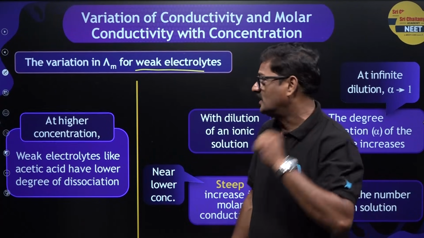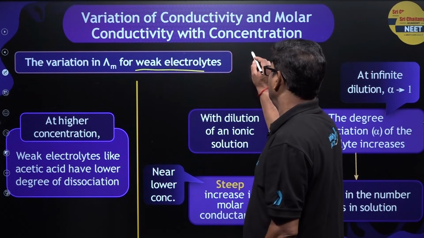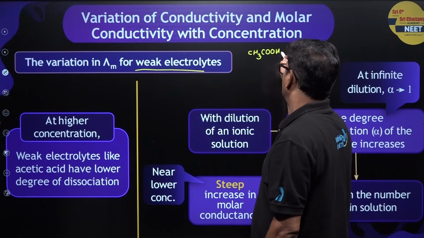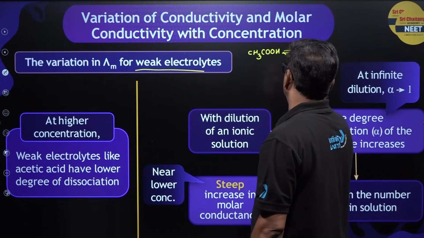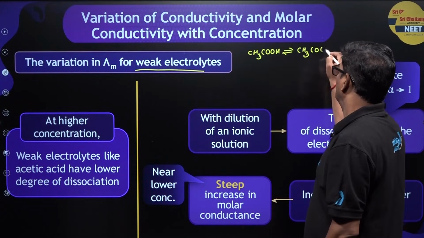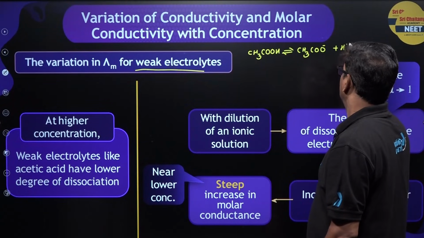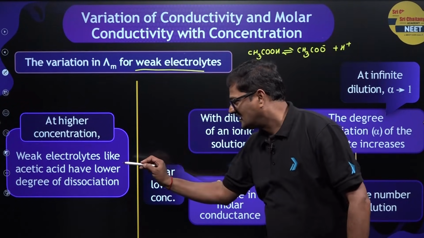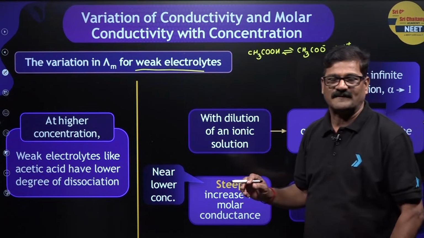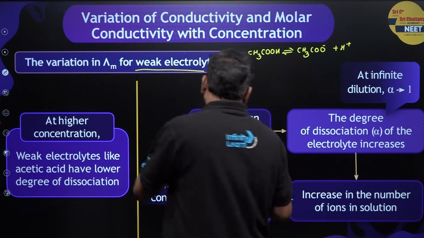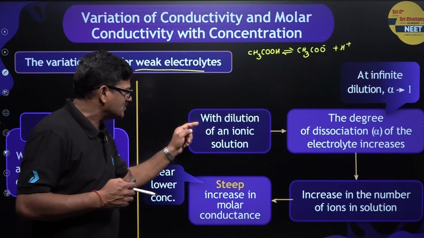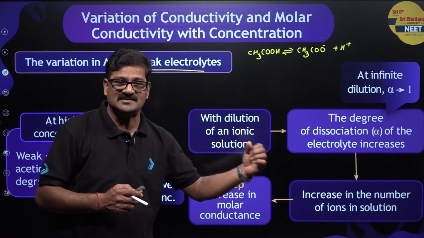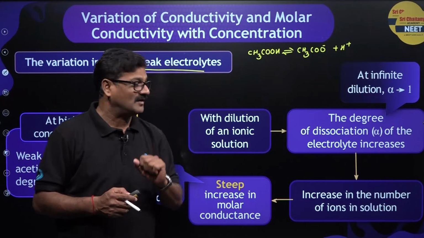So, what is a weak electrolyte? We can say weak electrolyte CH3COOH reversibly gives CH3COO minus and H plus. At higher concentration, a weak electrolyte like acetic acid has a lower degree of ionization, and with dilution of the ionic solution, the degree of dissociation alpha increases, according to Ostwald dilution law.